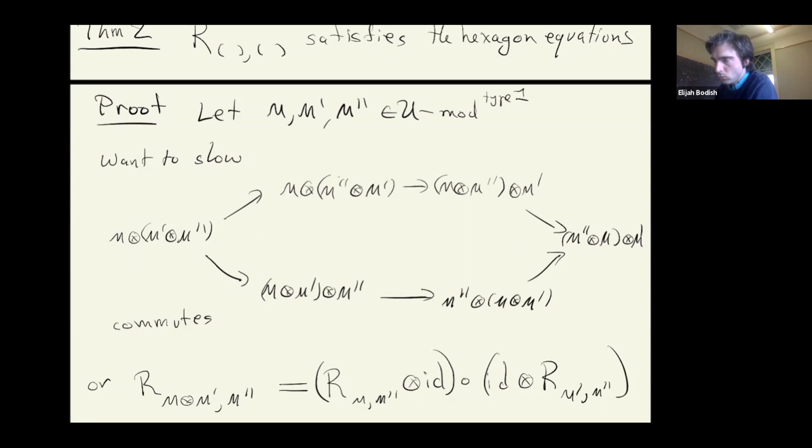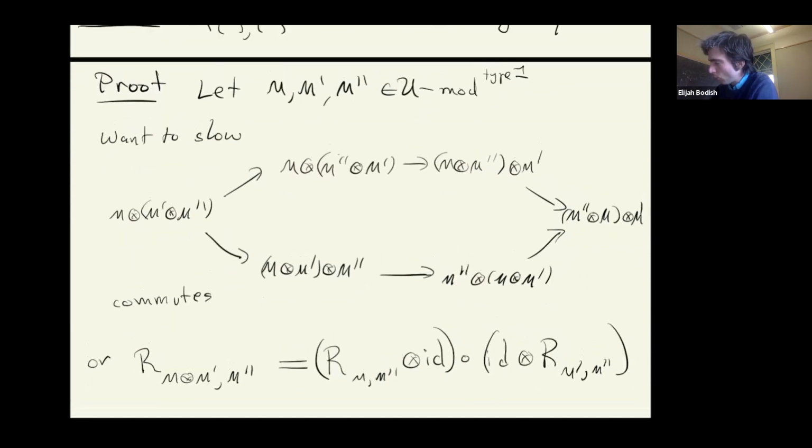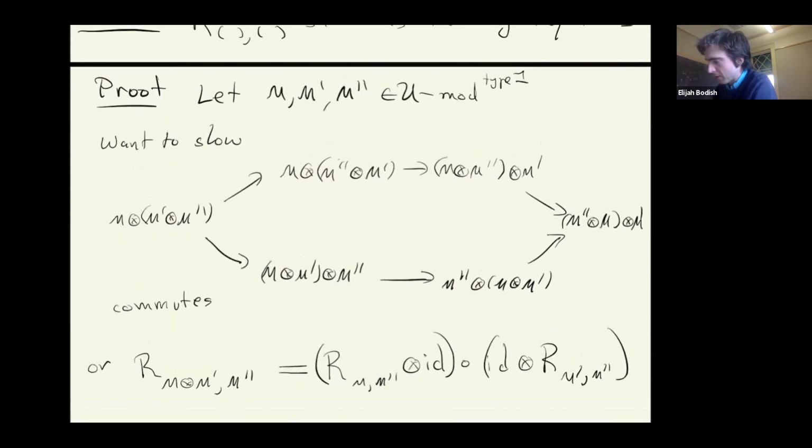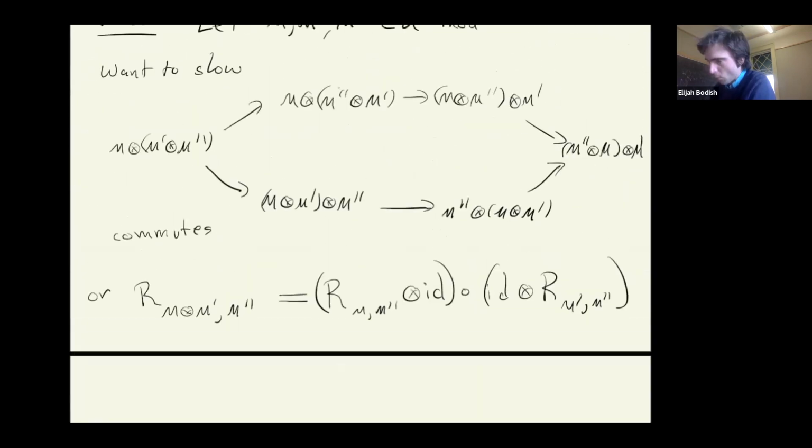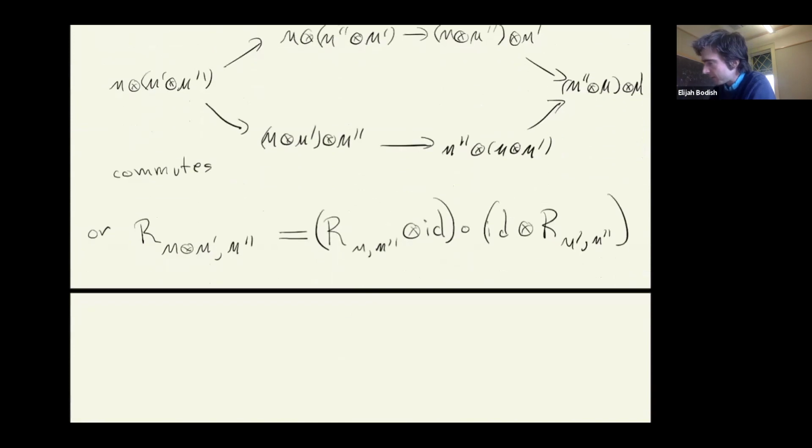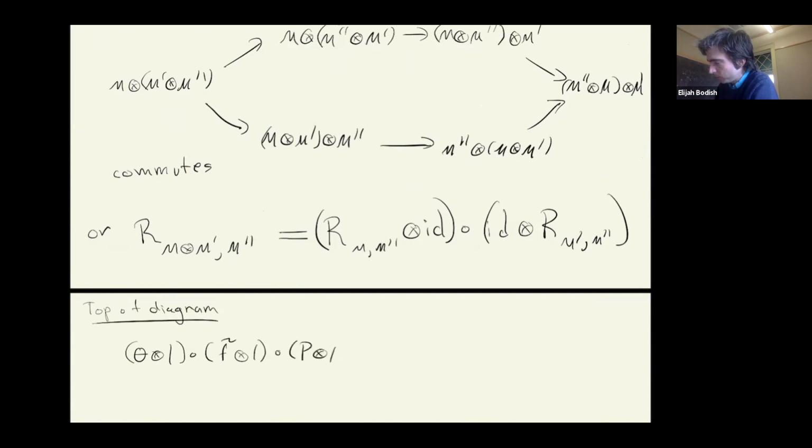And so the first thing I'm going to do is rewrite this in terms of the definitions of the R's. And I'll go one step at a time. The first thing I'll do is focus on the top of the diagram, which is this side. And this is theta tensor 1 composed with F tilde tensor 1 composed with P tensor 1.